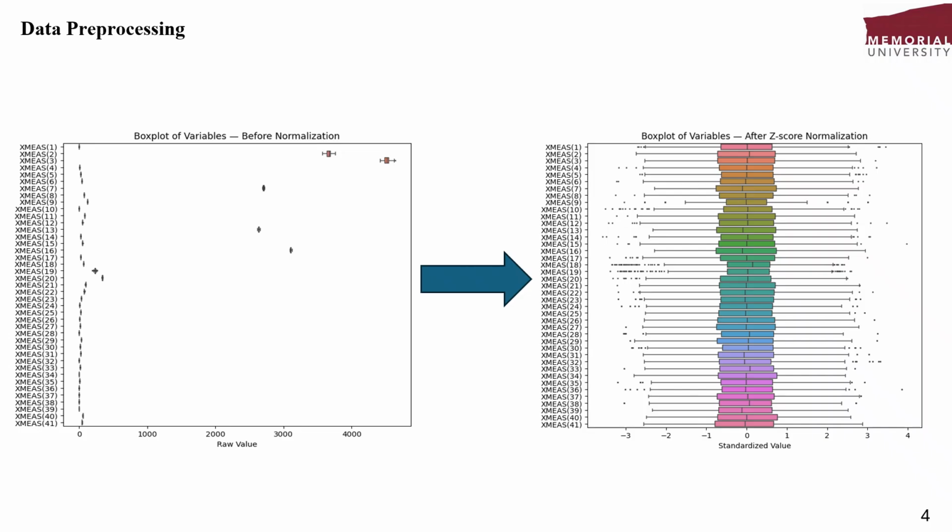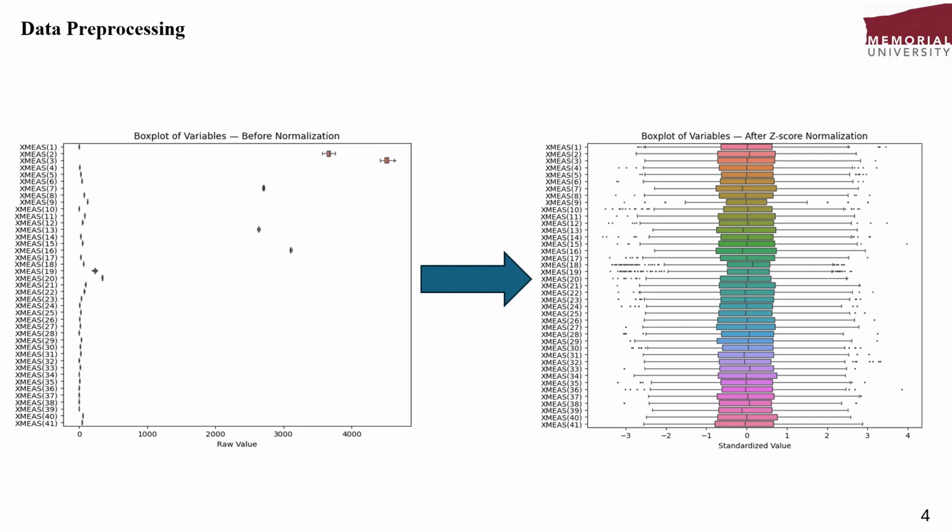So as you can see in the plot on the left side, which is related to the raw data, the data is not visible. But if we apply the normalization, as you can see, the box plots appear, and we can see that each variable is centered at 0 with a standard deviation of 1.